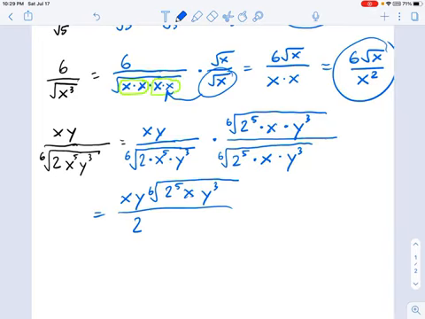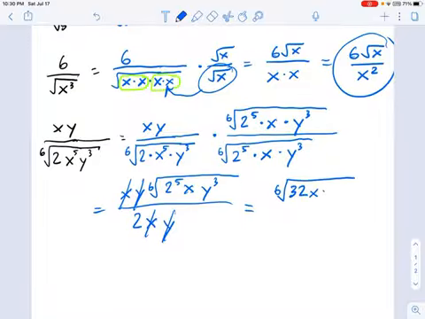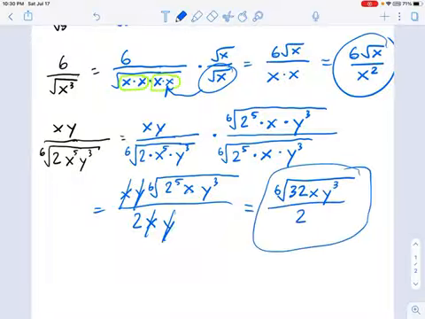The 6th root of x to the 6th power is x. The 6th root of y to the 6th power is y. And now we can cross some things out. That's nice. So the x and the y cross out, and we get this. We get the 6th root of 2 to the 5th is 32, so I'll just write that. The 6th root of 32 x y cubed, all divided by 2. And that is the form of that ugly, ugly final answer.